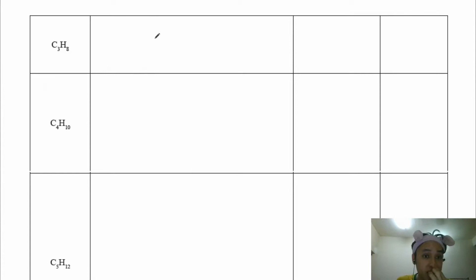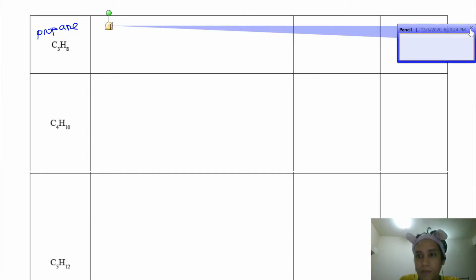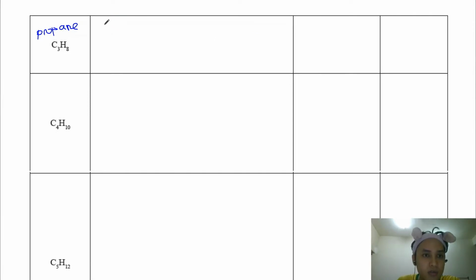Let me show you another example here. C3H8, this is another example. So this is propane, right? A 3 carbon alkane, it's called propane. So if I draw C3H8, 1, 2, 3.